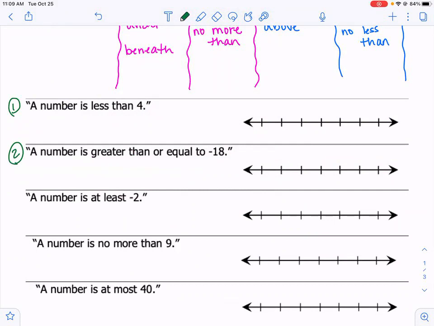Just write the inequality. I don't even care about the graph right now. Just write the inequality.